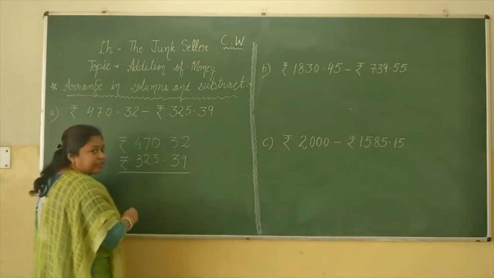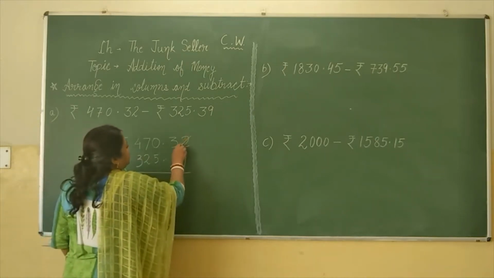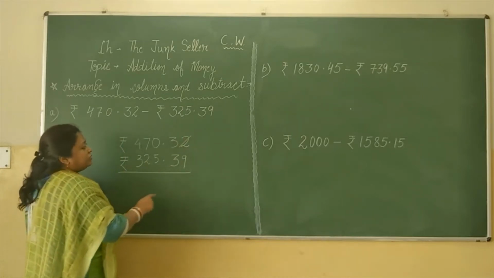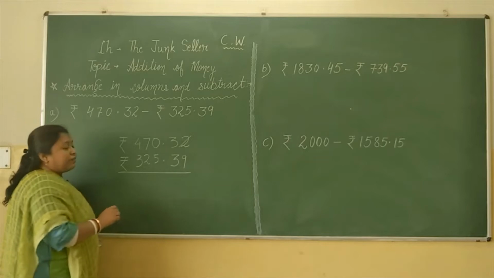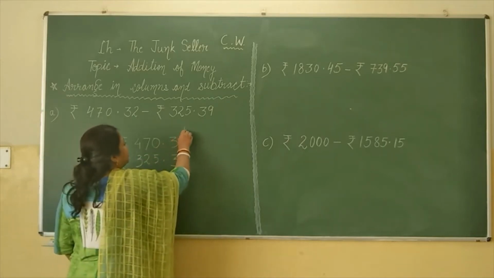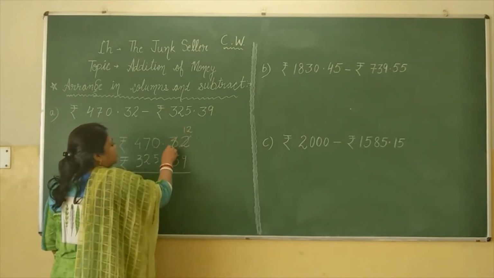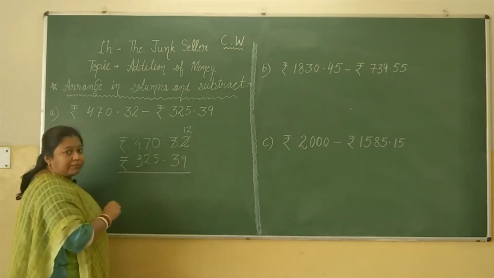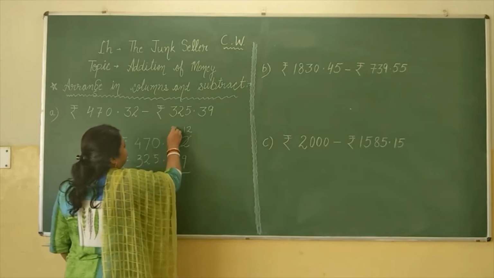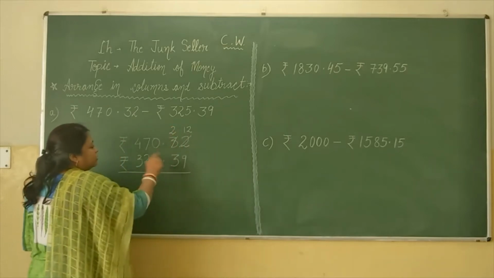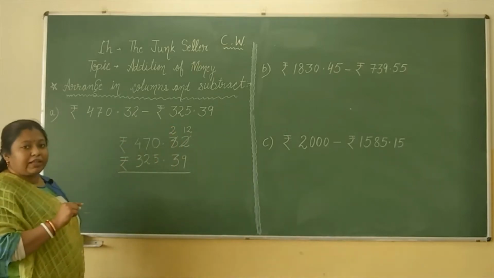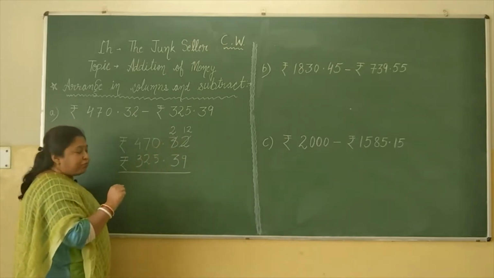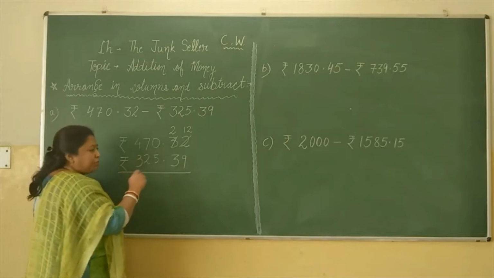Okay, dear children. So let's start our subtraction. We have here 2 minus 9, which can't be done. So we have to write 12 here by borrowing 10 from this digit. So what will this digit become? It will become 2. Again here we see that 2 is smaller than 3, so this subtraction cannot be performed. So we have to take a carry from here.